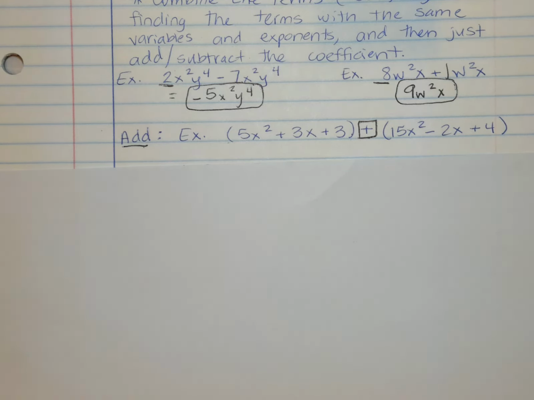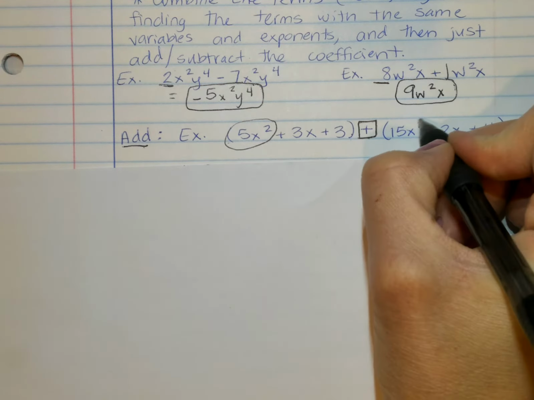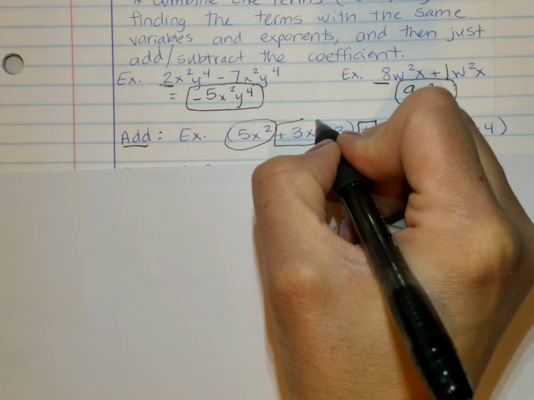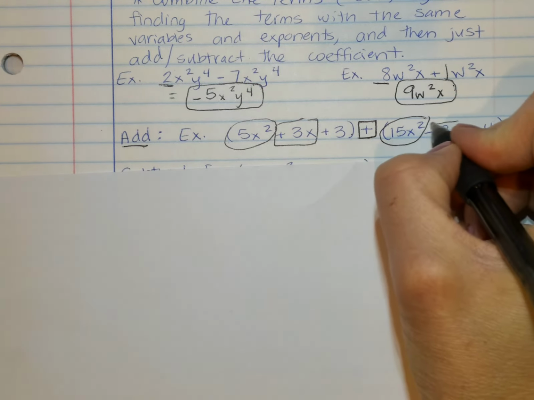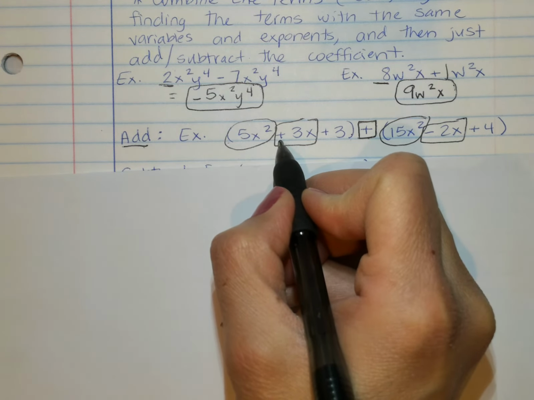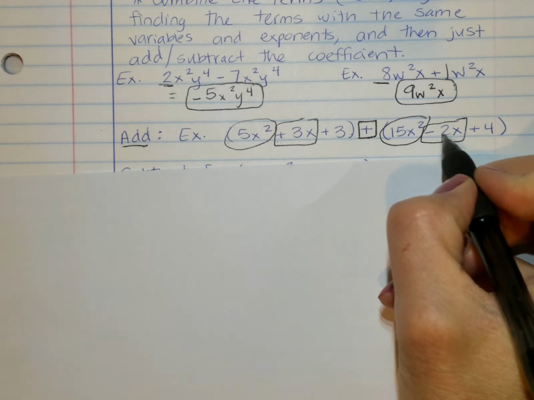So you can rewrite it without parentheses if you want to, but you could also just circle the like terms. Those are both x squareds. And then I could put a box around the next terms. Notice that when I circle or box, I do keep the sign in front. I want to make sure I know if it's a plus or a positive or if it's a negative.